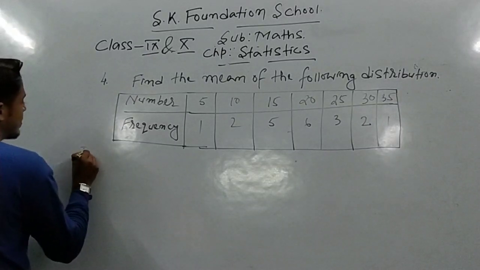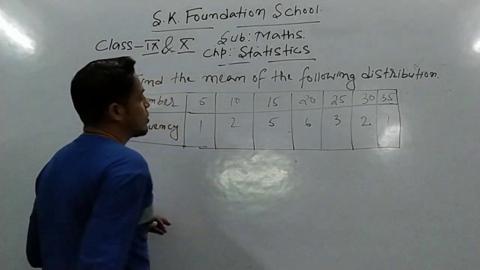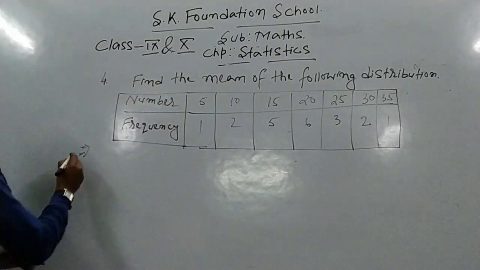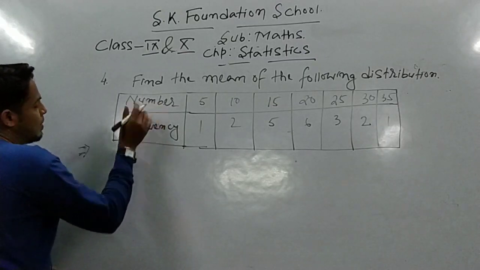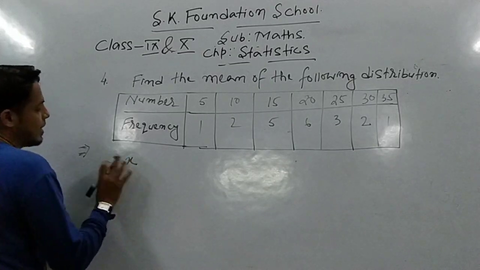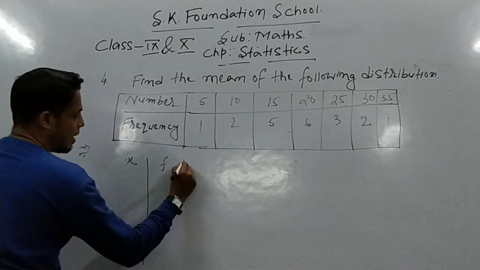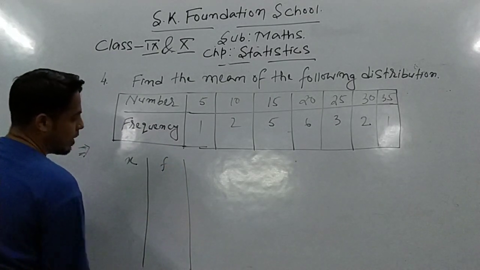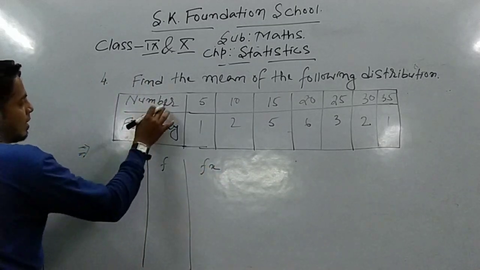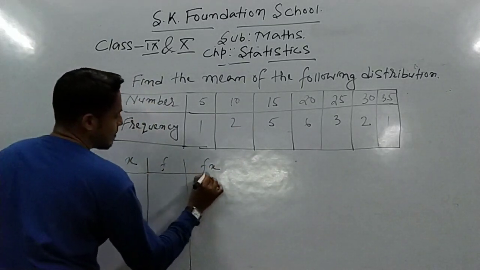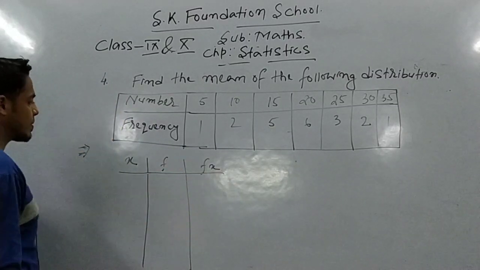So you are also going to find the mean, but here one table is given. Whenever you see this kind of table, we find the mean in this way. This number is represented by x, frequency f, and here we put one more column called fx, that means multiplication of x and f. So x is the observation, f the frequency, and fx the multiplication.